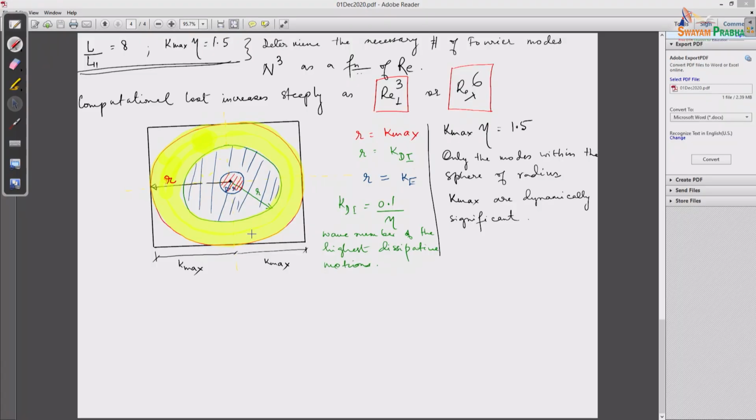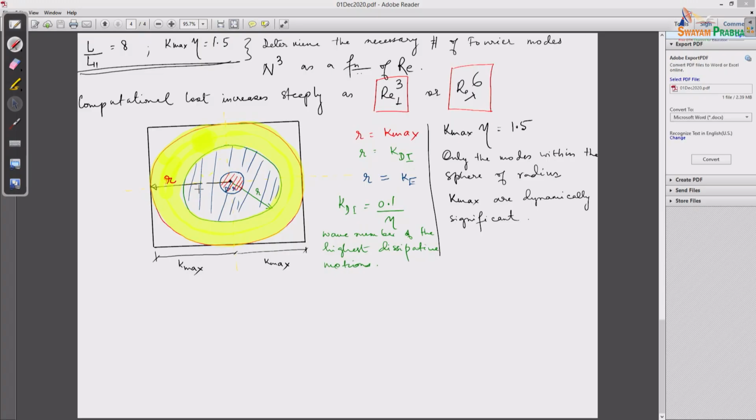When I say dissipative range of motion, mechanical energy is being converted to internal energy using viscosity, but you also have an inertial subrange where the inertia effects are still not completely zero.